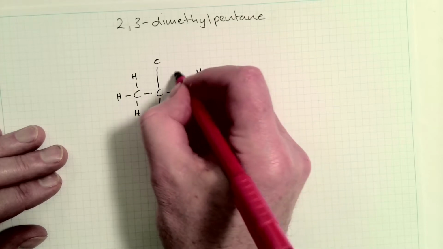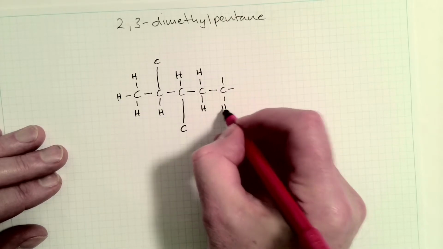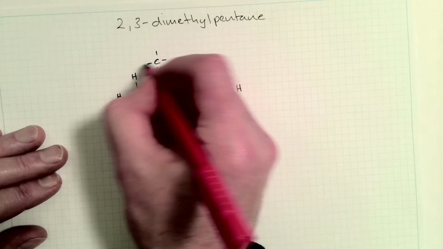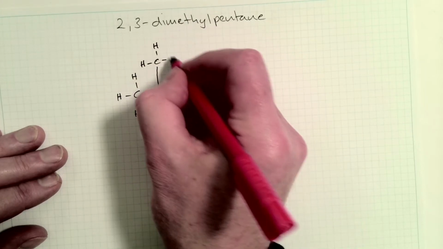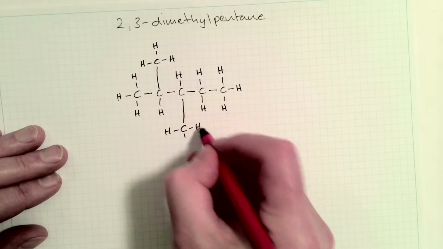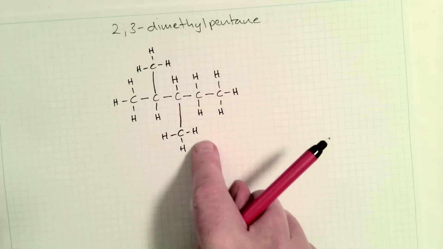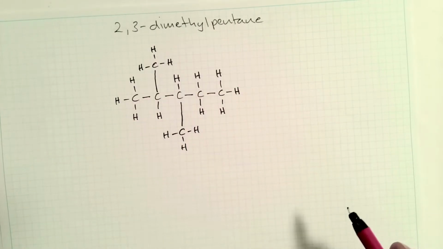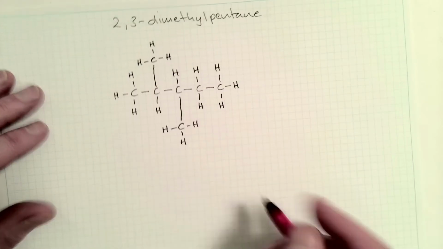See, I've missed one here. Okay, and then we've got our 3 hydrogens here. 1, 2, 3, and our 3 hydrogens here. 1, 2, 3. So you can see that every carbon has 4 bonds to it, and each hydrogen only has 1. So that's our structure for this molecule.